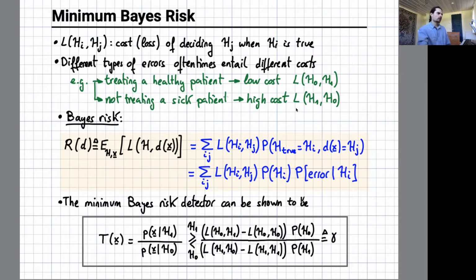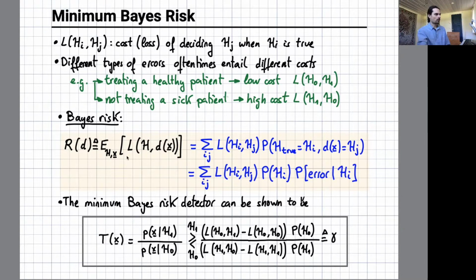Note that this is not the first time we look at the Bayes risk. When we discussed maximum a posteriori estimators, we started by generalizing the MMSE to accommodate different costs depending on the direction of the estimation error. And the expression was pretty similar to this one, right?